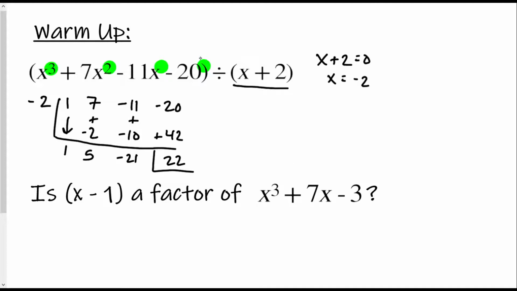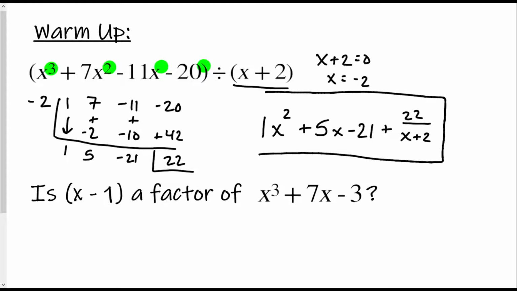So basically what this is saying is that when you divide x cubed plus 7x squared minus 11x minus 20 by x plus 2, the result is 1x squared plus 5x minus 21, and then plus the remainder, which is 22 over x plus 2.